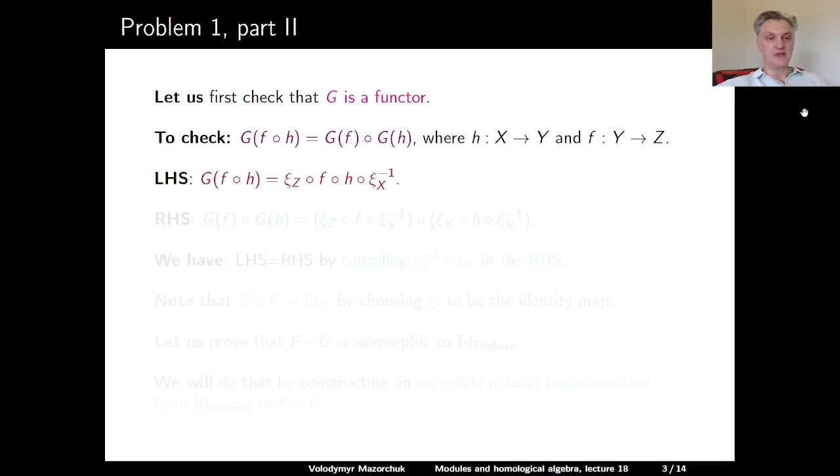The left-hand side of this equality, directly from the definition, can be computed as follows. If we apply G to the composition of f after h, then this is the composition of psi sub X inverse, followed by h, then followed by f, and then followed by psi sub Z.